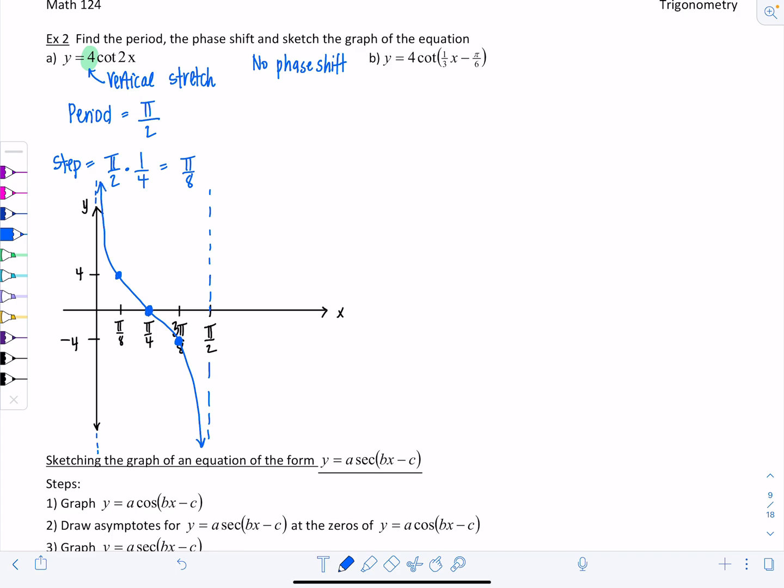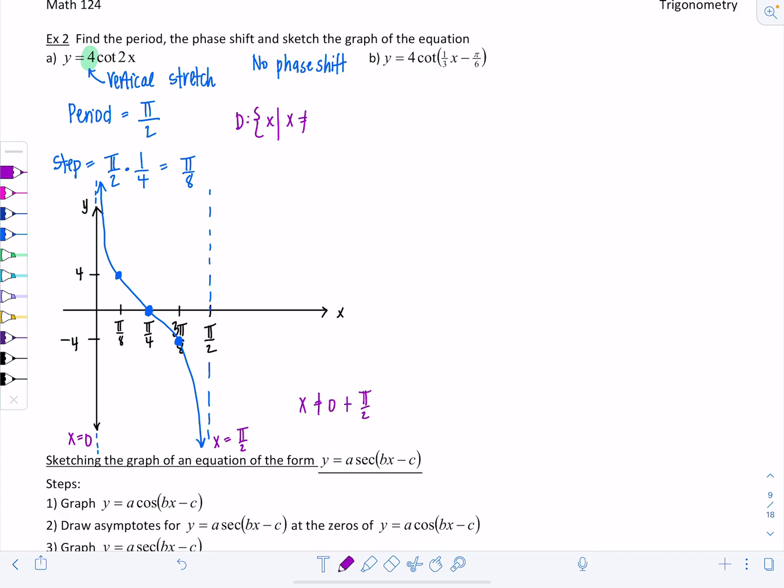Okay, beautiful. Now, let's talk about how to write out the domain. The domain is going to be all x's such that x does not equal. Now notice here we have a vertical asymptote at x equals 0, x equals pi over 2. The next one would be at x equals pi. So you could say x cannot equal 0 plus, what was the period?